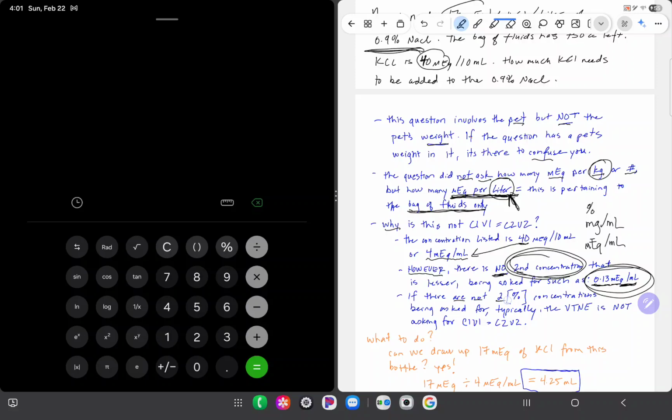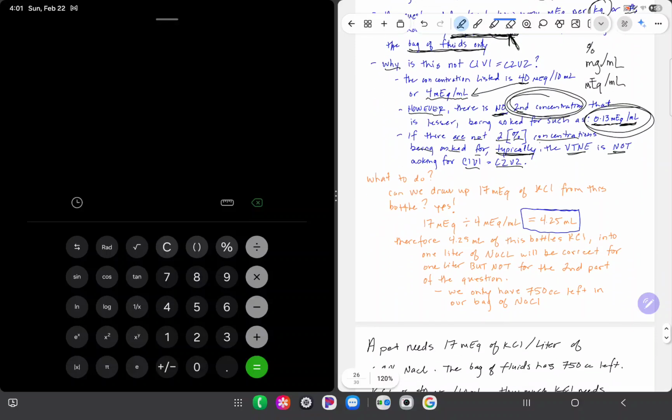If there are not two concentrations being asked for, then typically, and I don't think this is going to change now in 2026, the VTNE is not asking for a C1V1 = C2V2. Okay?